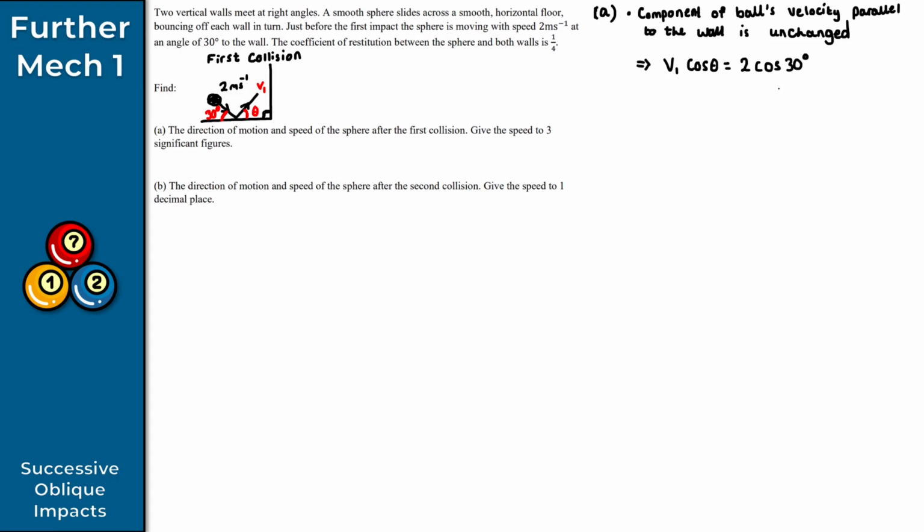We can simplify this, because the exact value of cos 30 degrees is √3/2. So V1 cos theta is equal to 2 times root 3 over 2. The 2s cancel, and we simply get root 3.